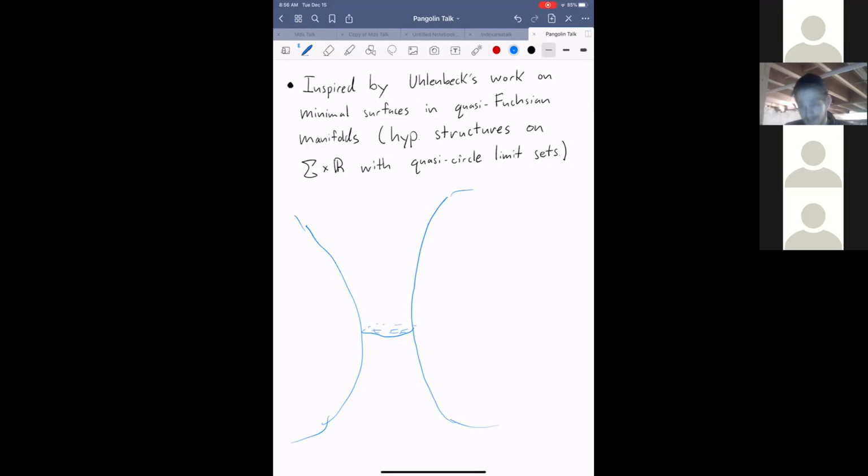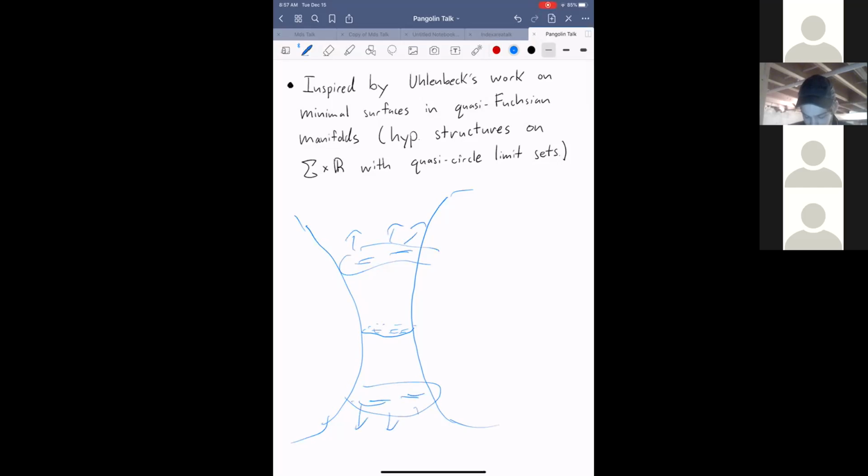And why less than 1? Because the curvature of hyperbolic space is -1, so this says the principal curvatures are smaller than the ambient curvatures. And what this gives you is mean convexity. If you flow out normally, you get a mean convex foliation by parallel surfaces.